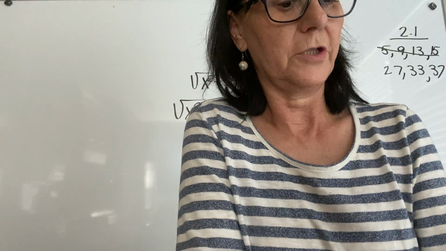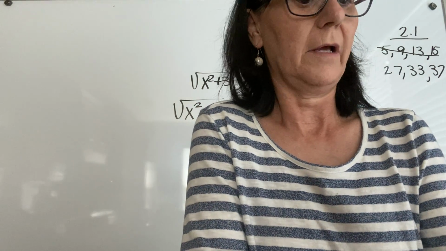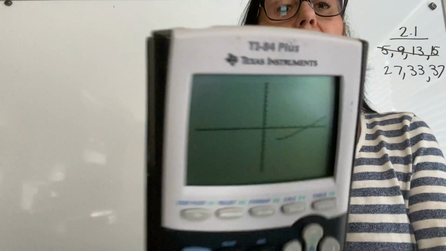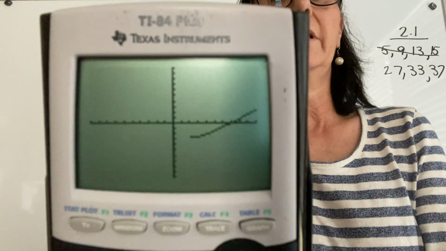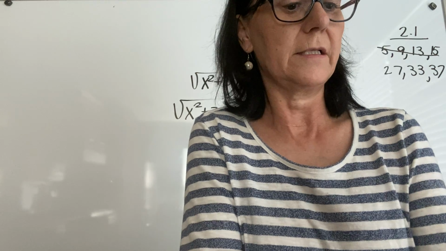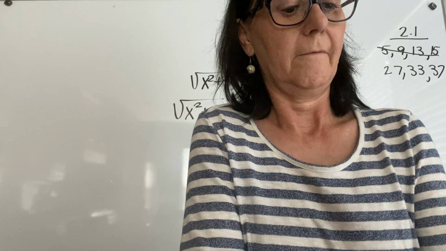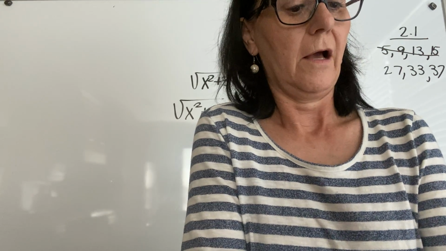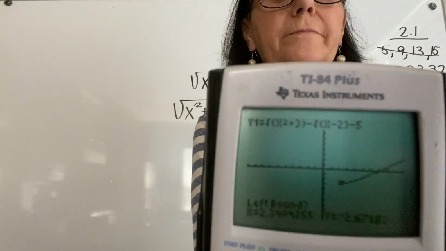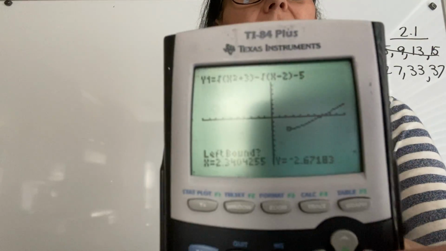Okay, I am gonna go change my window to -10, 10. I'm not sure why I'm not seeing. Okay, this is what it looks like. I just went -10, 10 for my Y. So now second trace 0. Okay, X has to be positive 2. That's why there's no Y value. Look, when X is back here, there's no Y value.